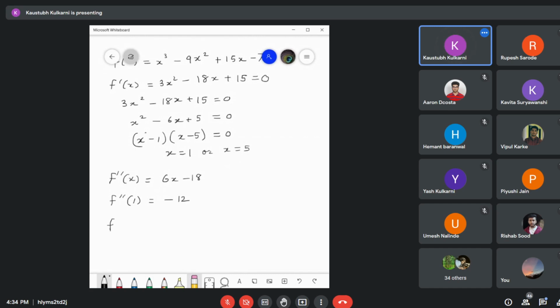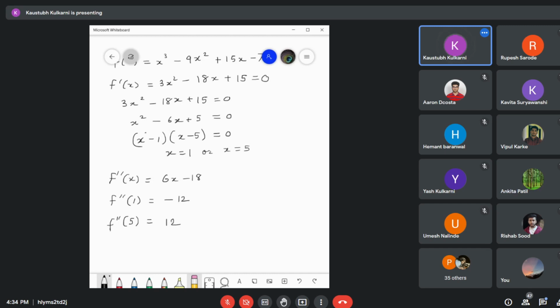And at 5, it is 30 minus 18, which is plus 12. So we know that there is either a peak or a trough at x equal to 1 and x equal to 5.